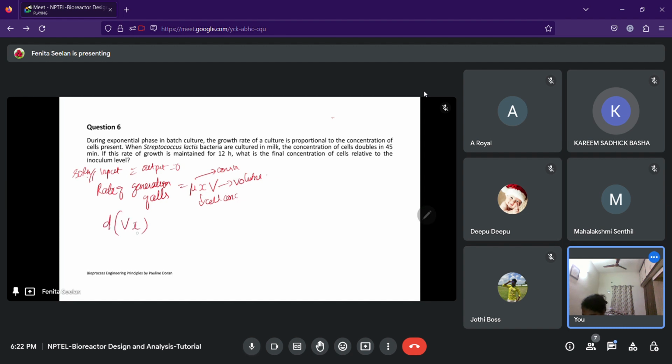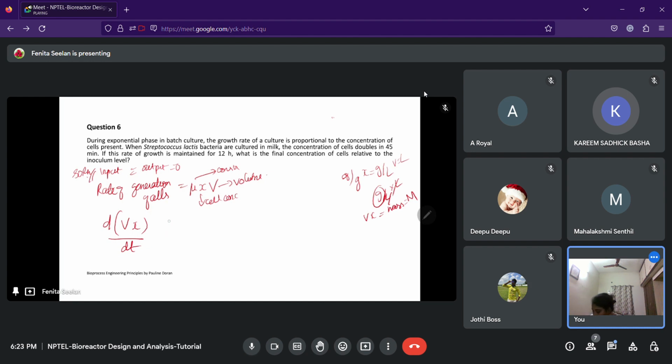X is your culture cell concentration, V is your volume. For example, X is in grams per liter and V is in liters, so gram per liter into L is gram. So your VX term will give you mass, which is M.